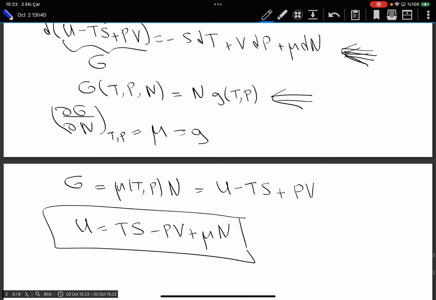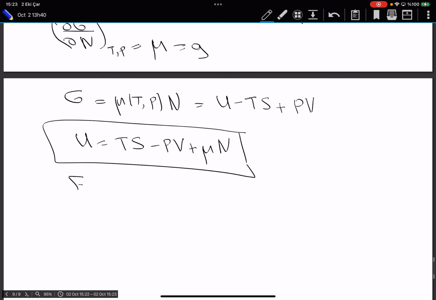Well, basically the rest of thermodynamics is just playing with the derivatives and using these relationships that you derive. And similarly, free energy, which we defined as U minus TS, which is minus PV plus mu N, etc.